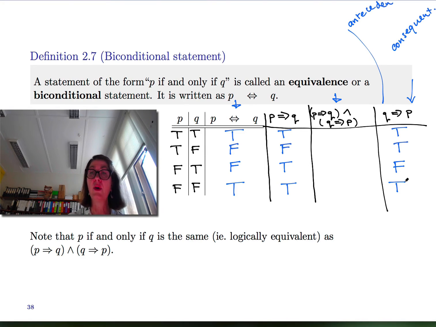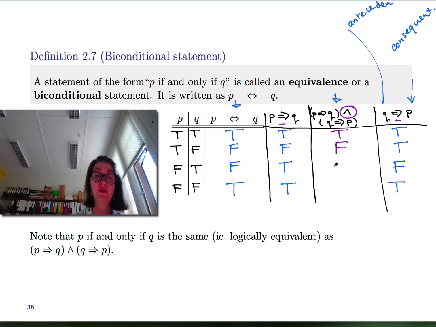Okay, so now we've got P implies Q and Q implies P. I'm going to look at these two columns and put them together with this "and." So we've got true and true, which should give us a true value for the conjunction. We've got false and true, which should give us a false value for the conjunction.